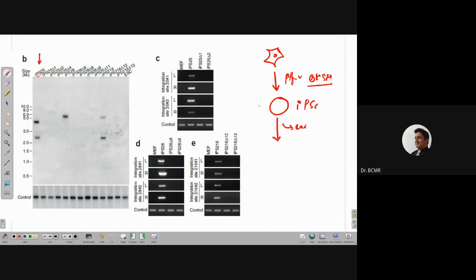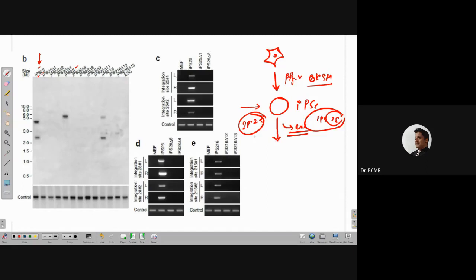So they have got several of these, and they gave them names, something like IPS25 or IPS28 and so on. Induced pluripotent stem cell, you can say. So they selected strains called IPS25 and IPS28.